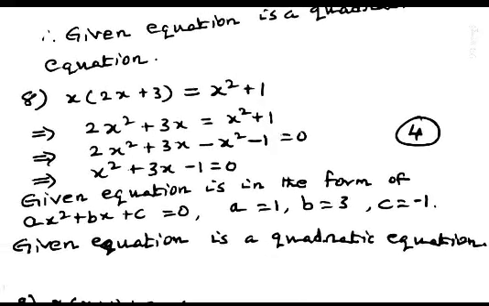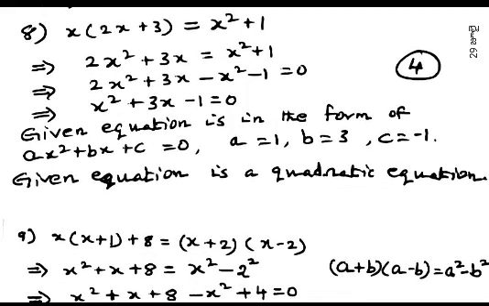Now we consider another problem. x multiplied by (2x + 3) = x² + 1. x multiplied by (2x + 3) can be written as 2x² + 3x.